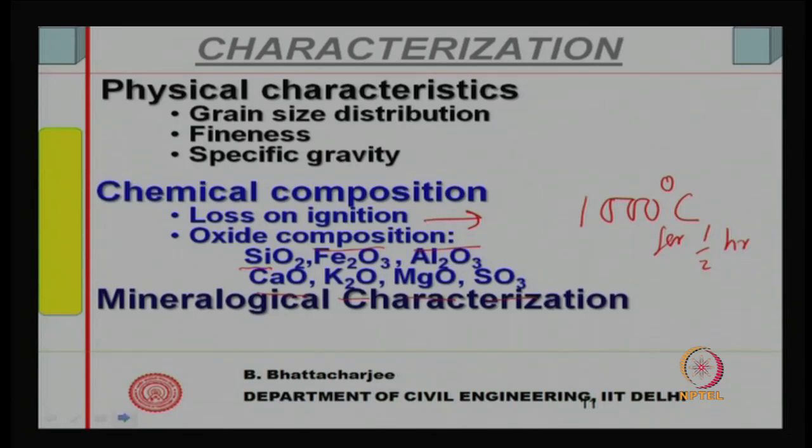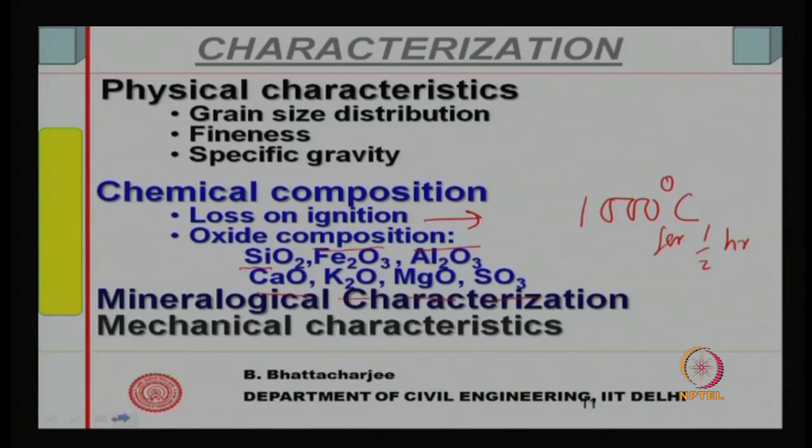Mineralogical characterization: largely this material should be amorphous, but there are some amount of minerals present. Of course, the percentage of amorphous material is most important, the more of it the better, but still we look at the mineralogical composition, whatever minerals are present, by X-ray diffraction.